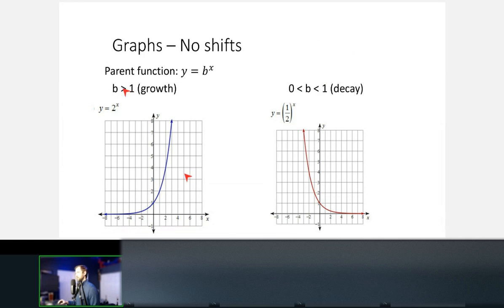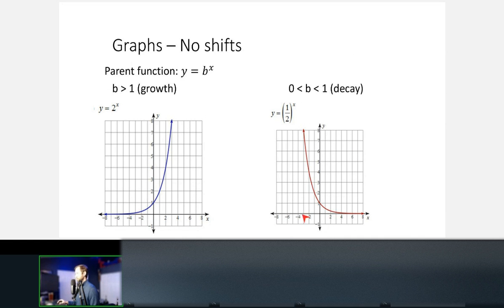So when your B value is greater than 1, we have growth, like y equals 2 to the x power. Now, when your B value is between 0 and 1, so a fraction like 1/2, it causes the original exponential growth to become exponential decay.